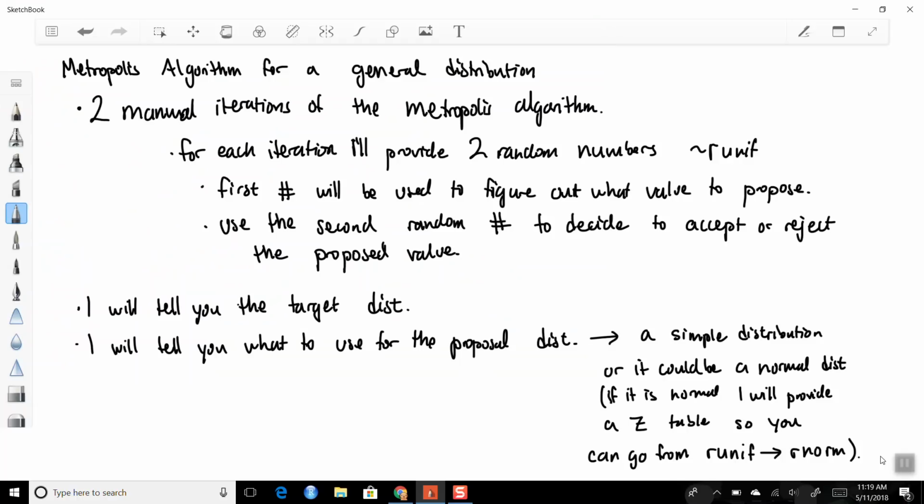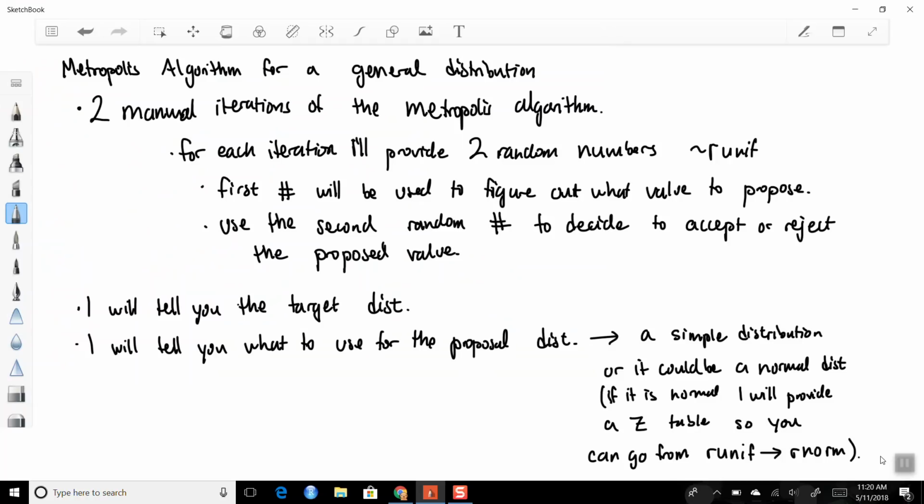Okay, and that would be pretty much it. So you use whatever I give you to propose a value, and then with your proposed value, you'll check the ratio, probability of proposed versus probability current, decide whether to accept or reject it, and then you go from there.